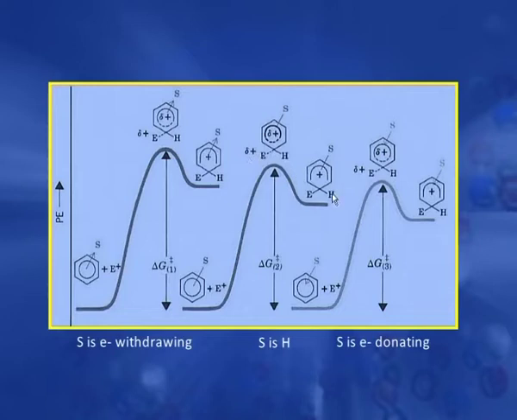Now, if we have a substituent which is electron withdrawing, then you can see there is an increase in E activation. So, due to this the rate of reaction decreases. Now, if this substituent is electron donating, then there is a decrease in E activation. So, due to which the rate of reaction increases.